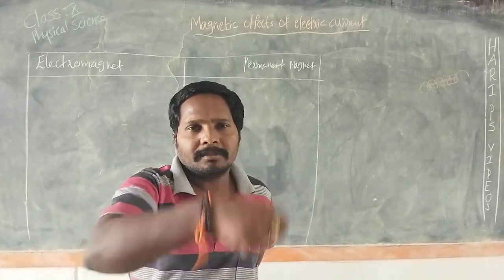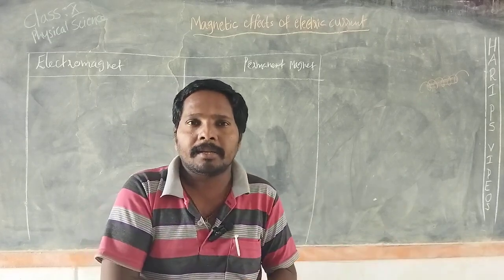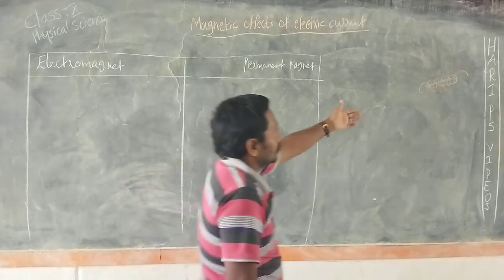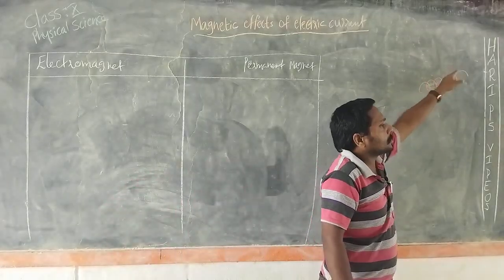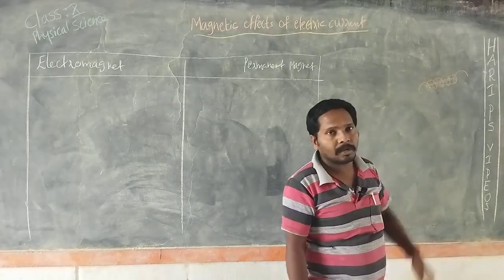One is by rubbing. The other is when we place a magnetic material in a magnetic field. In the case of a solenoid, when current is passed through it, it creates a magnetic field around it.